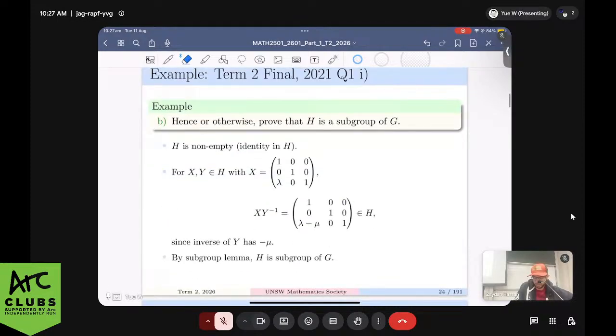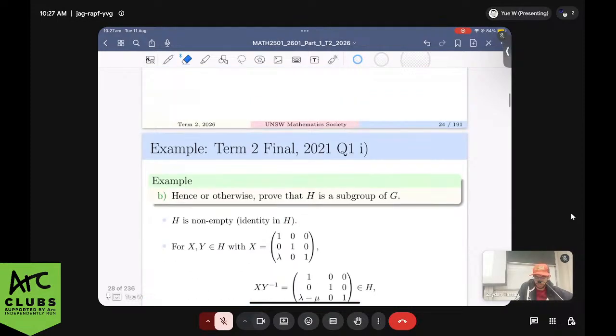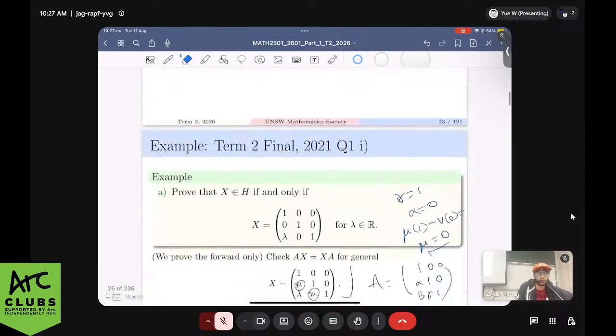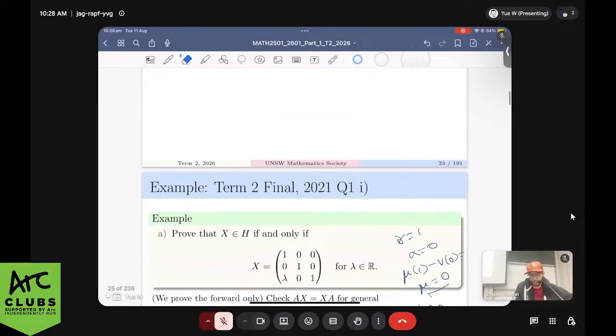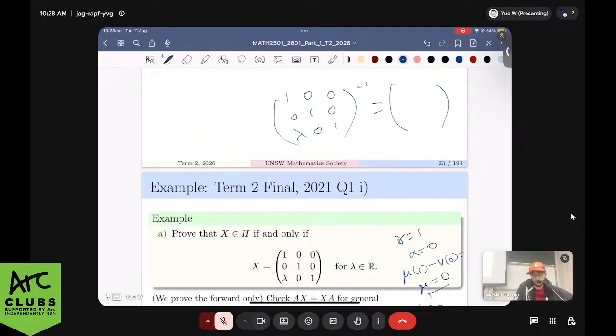Okay, so if X is this, now the inverses, you need to try to figure out what is the inverse of a matrix like this. I wouldn't advise actually doing the algorithm for inverses. You can kind of inspect it or have a hunch what it would be. If you want to know what the inverse of this is, first of all, we're expecting this to be a group. It's going to be some element of the group.